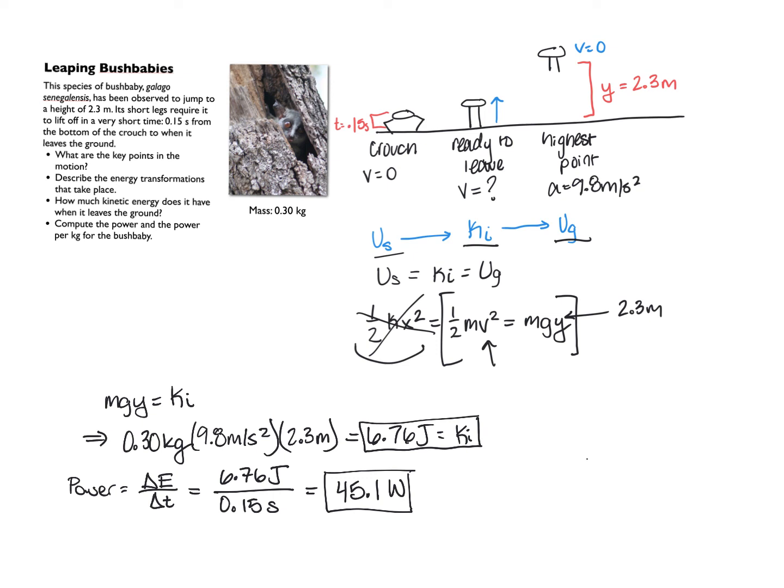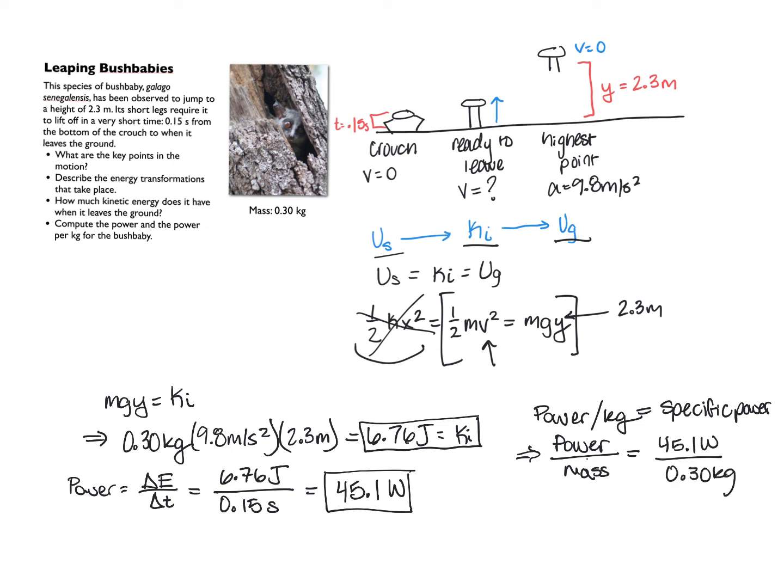Next, we're asked to find the power per kilogram. We call power per kilogram the specific power. Specific power is found just by taking the power divided by the mass. Our power is 45.1 watts divided by 0.30 kilograms.